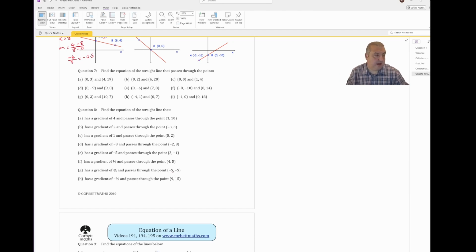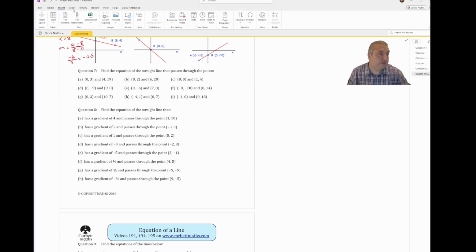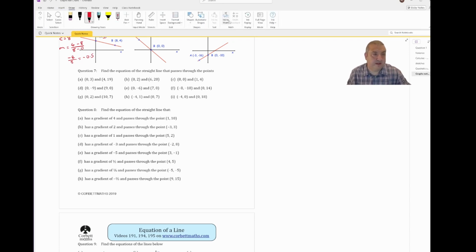So we're looking at a line that passes through 0, 3 and 4, 19. Always good skills to be able to draw a graph. This won't look amazing, but it'll be a representation.